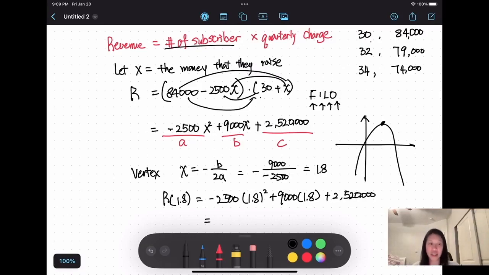So this equals 260,100. That's the maximum profit that you can get. Okay, so this is the application of the vertex.